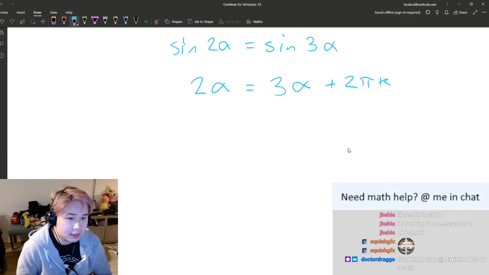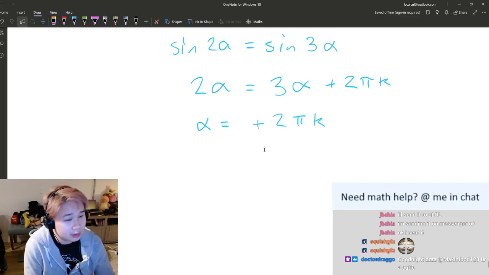So in other words, alpha is equal to essentially multiples of 2 pi. Although that's not quite what they have.